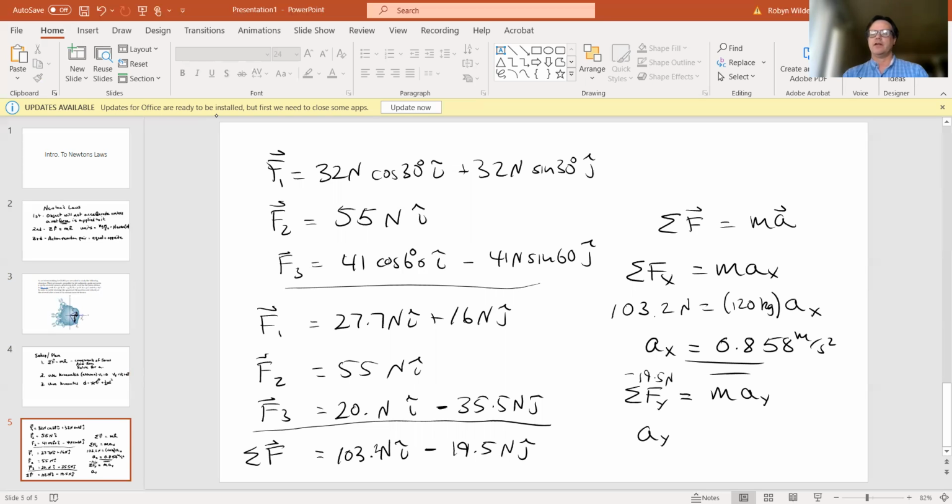So take that negative 19.5 divided by the 120 kilogram mass, and you get negative 0.163 meters per second squared. All right, so there are my x and y components. Right? And now what I can do is do kinematics. So let me go ahead and do this on the next page. Let me get a new slide.